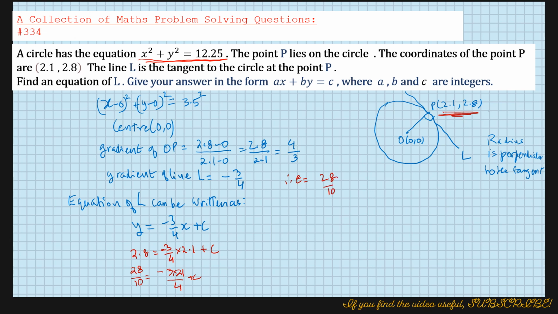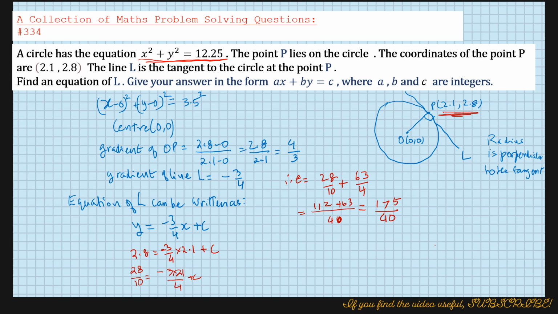28/10 plus 63/4. So I have 40 in the denominator, since 10 times 4 is 40, so 28 times 4 is 112, plus 63, and that is 175 out of 40.